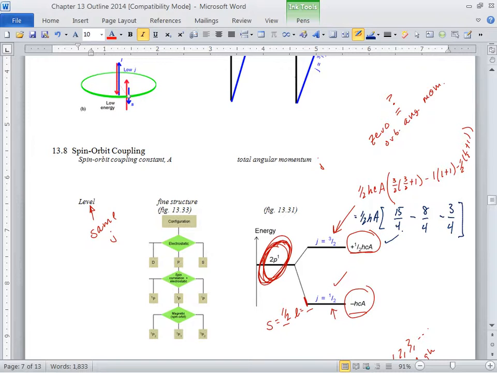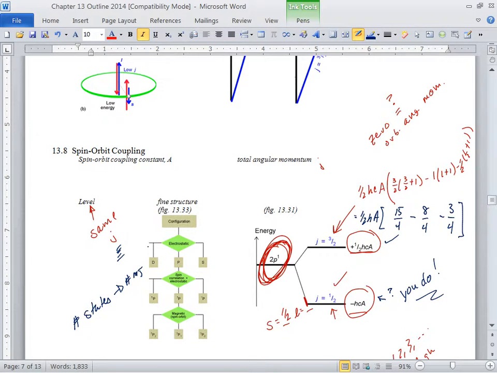So how did they get the bottom one then? Same way, just use a different J. They're trying to say the level is everything that has the same J. The number of states, when they talk about that, is the number of different types of J values.